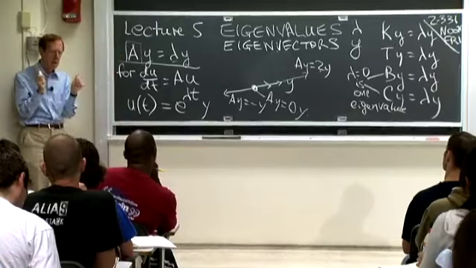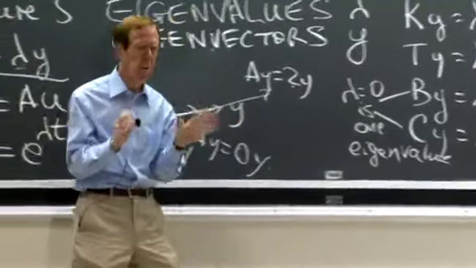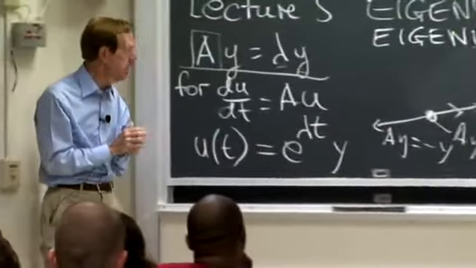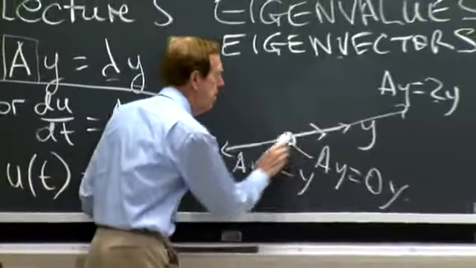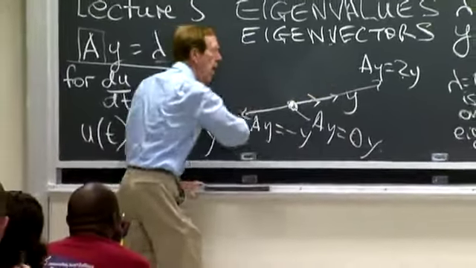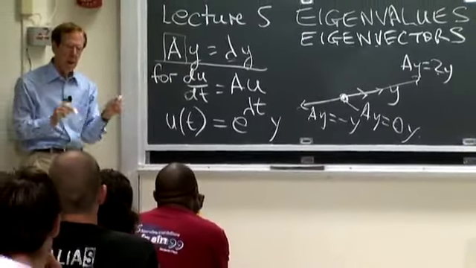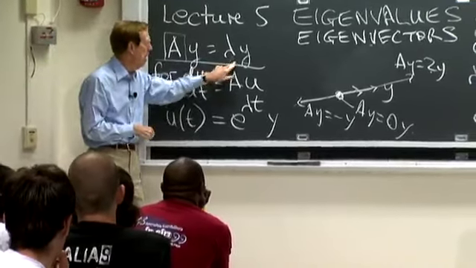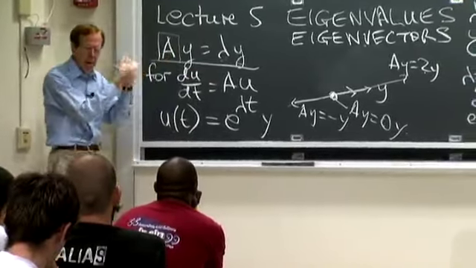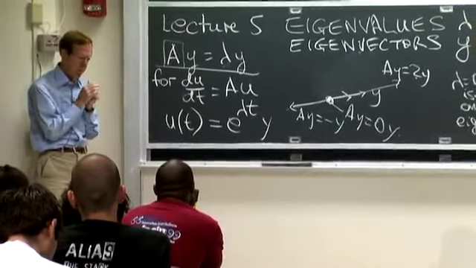You see now, I said I would try to make clear what's the purpose. The purpose is that in this direction, on this line of multiples of y, A is just acting like a number. A is some big n by n, 1,000 by 1,000 matrix, so 1,000,000 numbers.